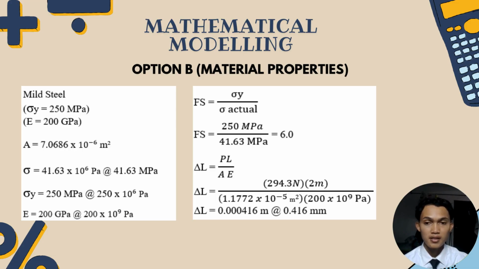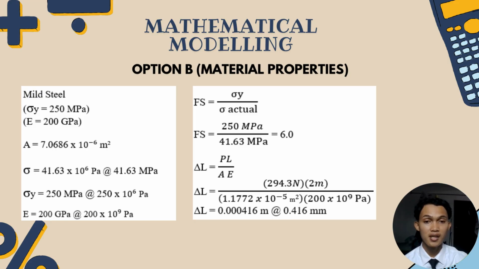The area and the sigma actual are the same as the baseline state. So we directly calculate the safety factor, 250 megapascal over 41.63 megapascal, and we get the safety factor of the modified material properties is 6.